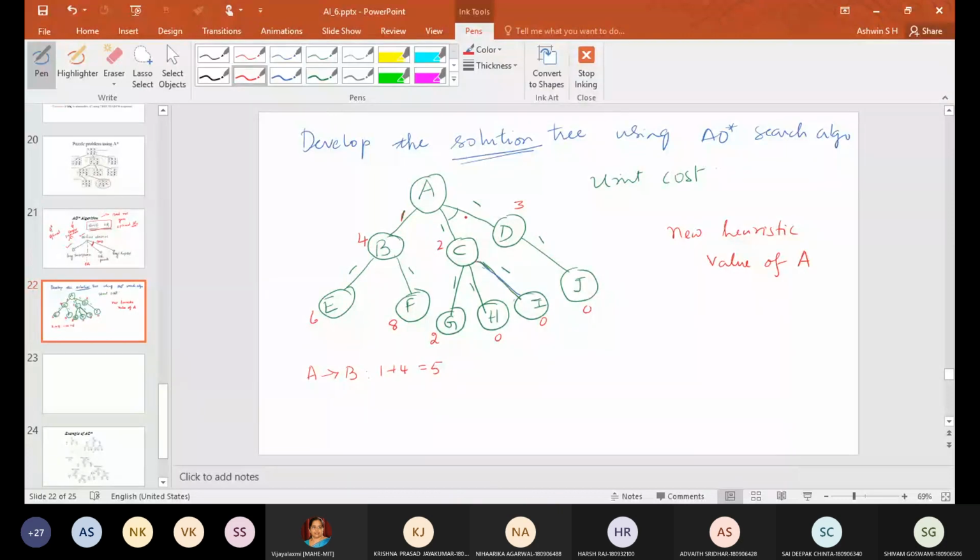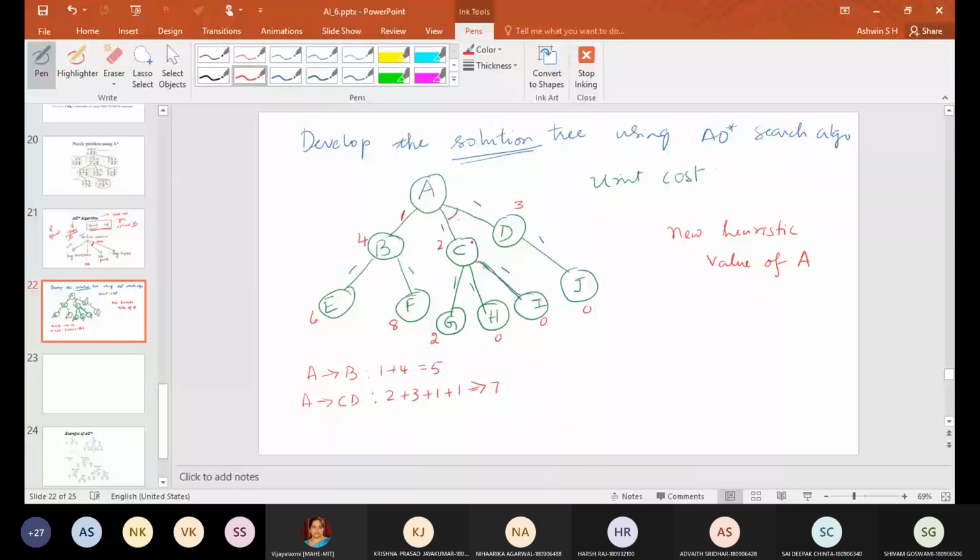Then you come to this part. Here there is an AND logic. See, this is AND actually, right? So you calculate both. I will write A to CD: 2 plus 3 plus 1 plus 1. This is 7.